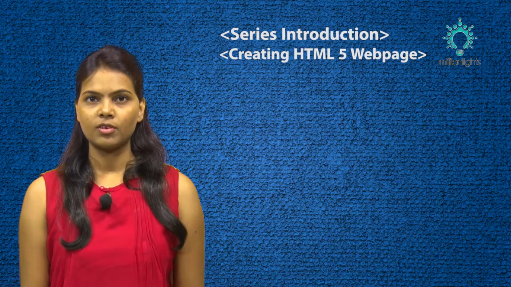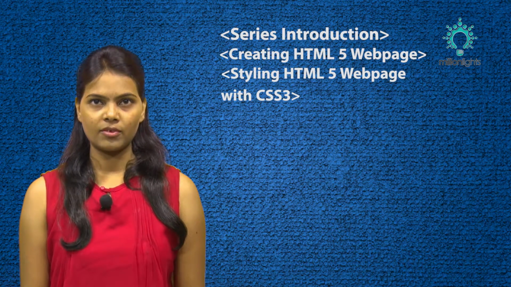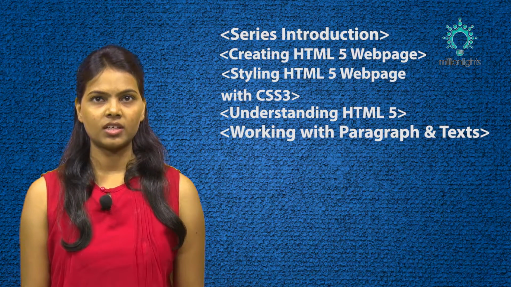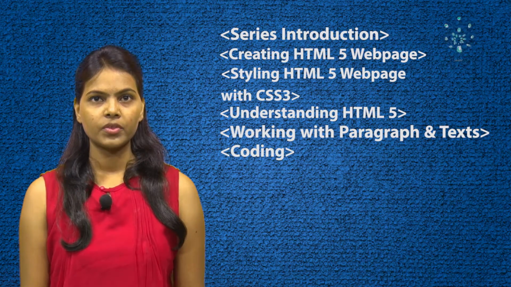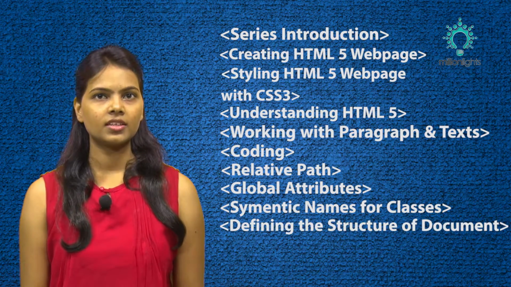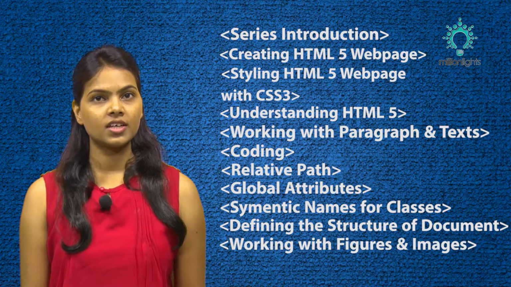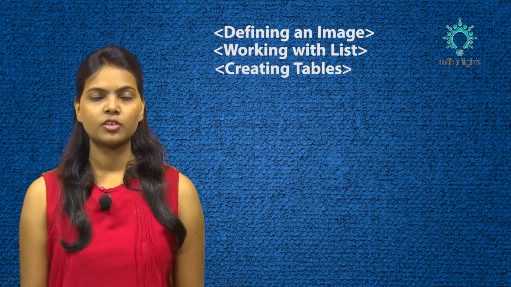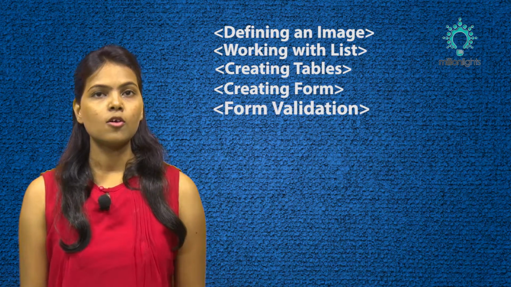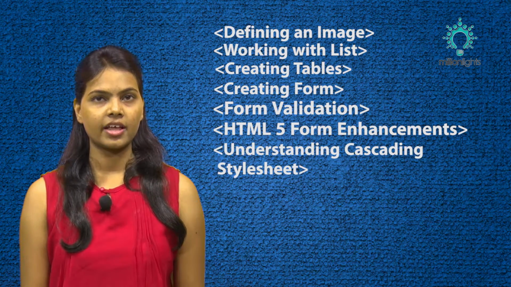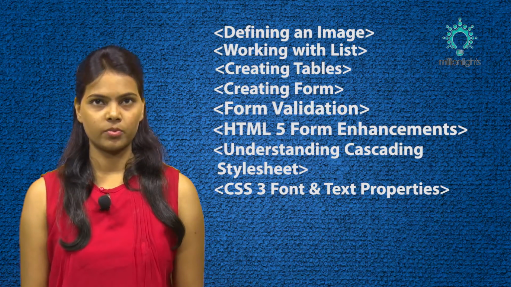In the previous episode, we covered series introduction, creating an HTML5 web page, styling an HTML5 web page with CSS3, understanding HTML5, working with paragraphs and text, in which we covered coding part, relative path, global attribute, semantic names for classes, defining the structure of a document, working with figures and images, in which we learned defining an image, working with lists, creating tables, creating forms, form validation and other future HTML5 form enhancements, understanding cascading style sheets, and CSS3 font and text properties.